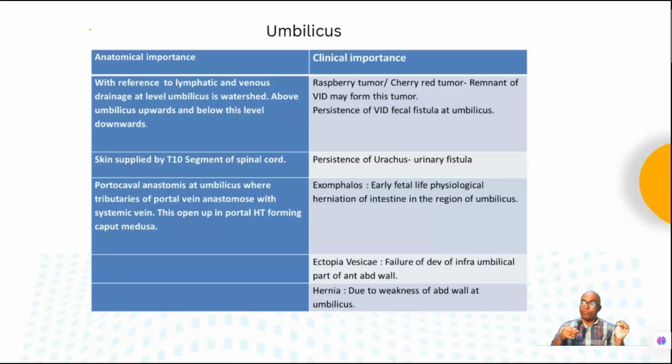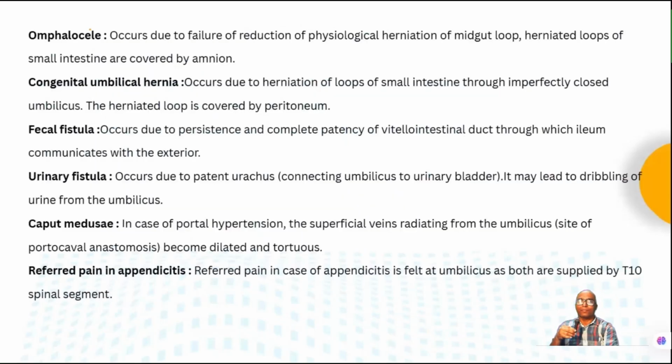Then there can be exomphalos, the early fetal life physiological herniation of the intestine in the region of the umbilicus. There can be ectopia vesicae, the failure of development of the infraumbilical part of the abdominal wall, and there can be hernia due to weakness of the abdominal wall at the umbilicus. Omphalocele occurs due to failure of reduction of the physiological herniation of the midgut loop.